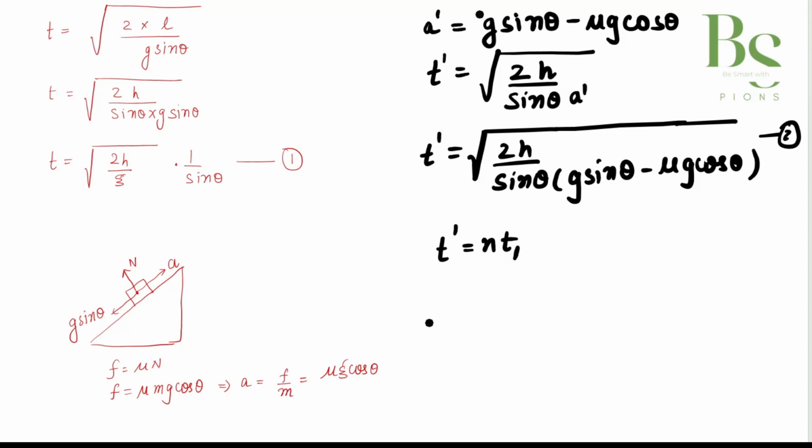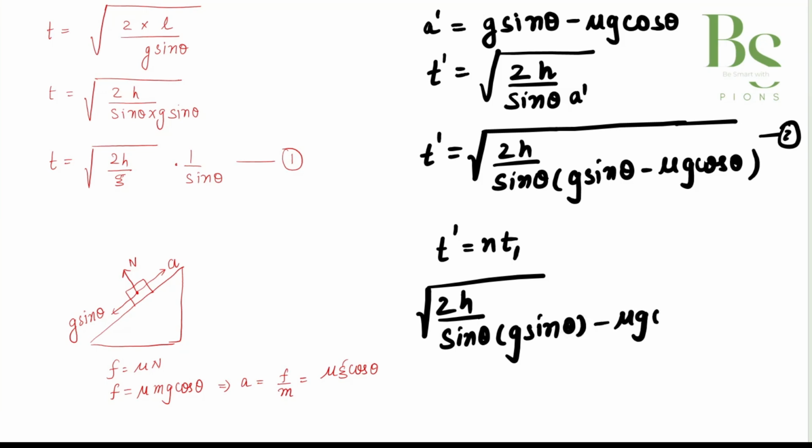So t dash will be root under 2h upon sin theta into g sin theta minus mu g cos theta. This will be equals to how much? N times t1. And what is t1? Root under 2h upon g and sin theta.